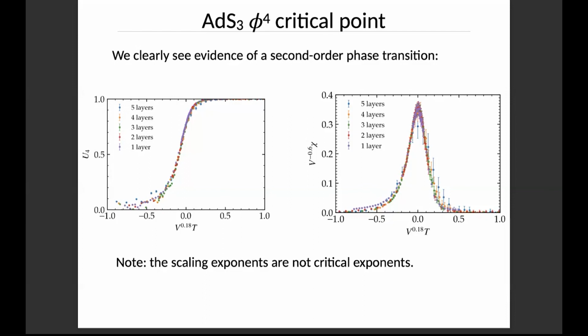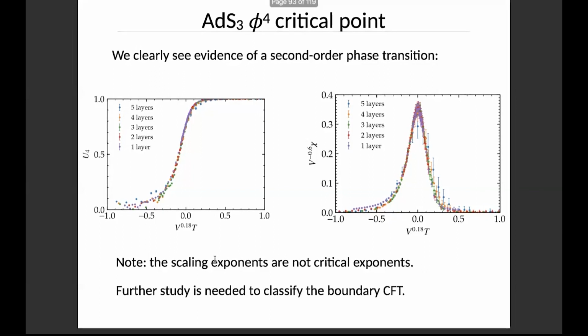Not that you can't do it there, it's just that it's non-trivial and we need to think about how to do that more. No one's even attempted it. There's no formalism to do this yet in hyperbolic space. Okay, so that's one caveat.